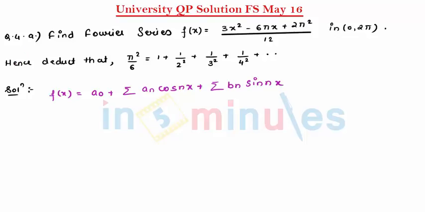So let's find a0. a0 is 1 upon 2 pi, integral 0 to 2 pi of f of x dx.